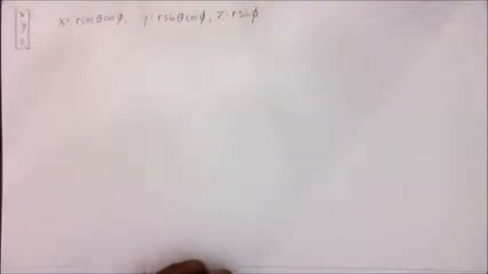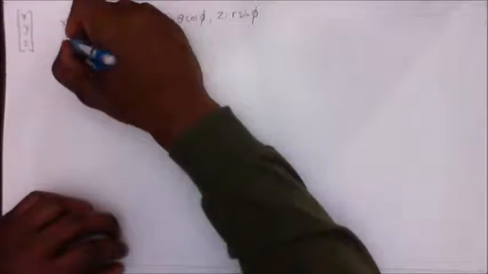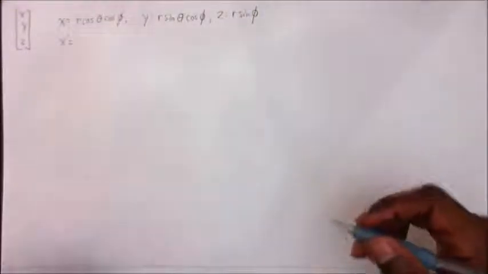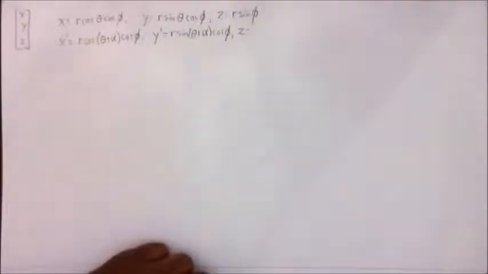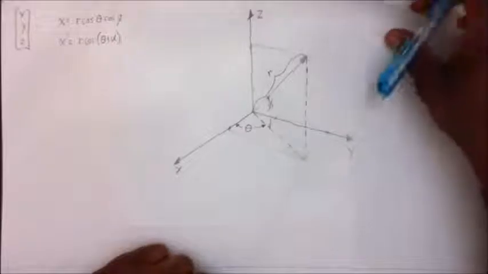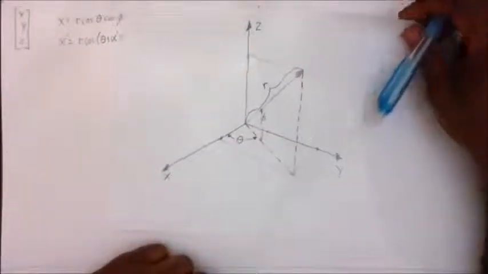In this case we can say x prime, which is going to be the new x after it's rotated, is r cosine(theta plus alpha) cosine phi, and y prime, the new y, is going to be r sine(theta plus alpha) cosine phi, and z is again just r sine phi, because it has nothing to do with theta or theta plus alpha.